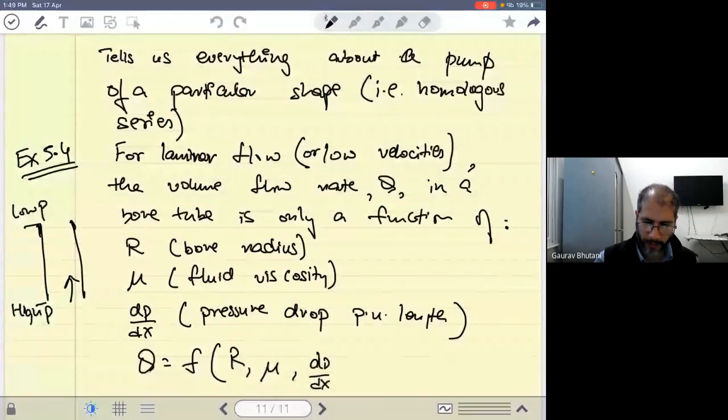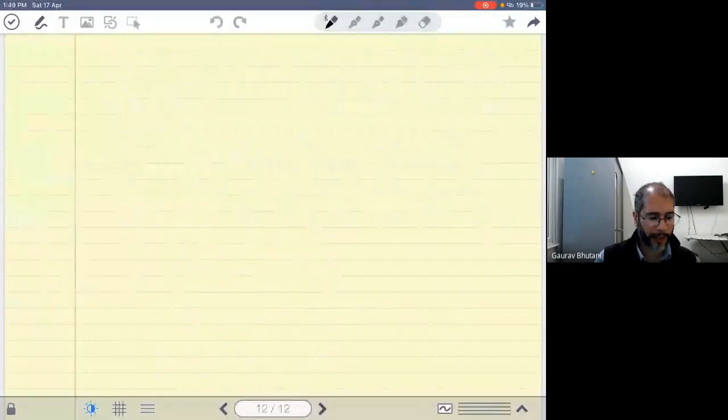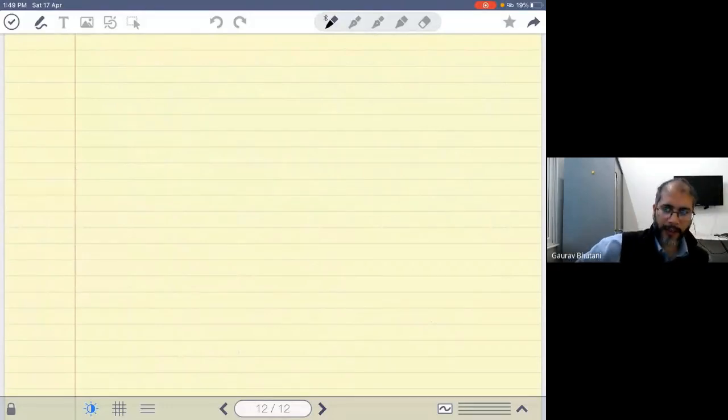So our job is to apply the Buckingham pi theorem and find the pi parameters and then write the functional relationship for the dimensionless variables or the pi parameters.